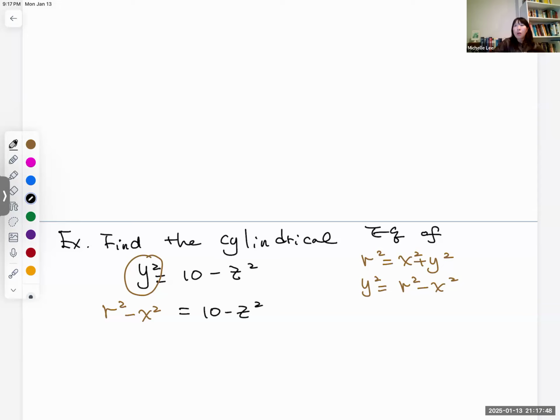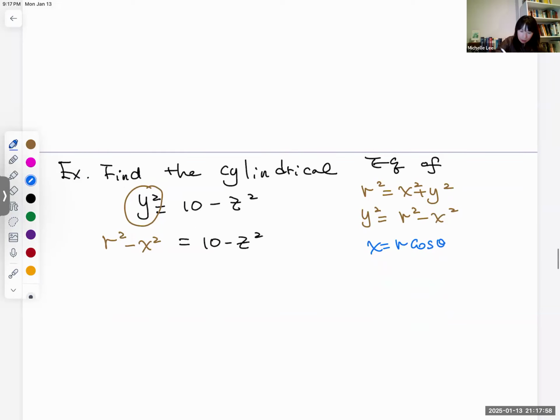Now we have x squared. x equals r cosine theta. So there will be r squared minus, and then x squared will be r cosine theta squared, right? Equals 10 minus z squared.